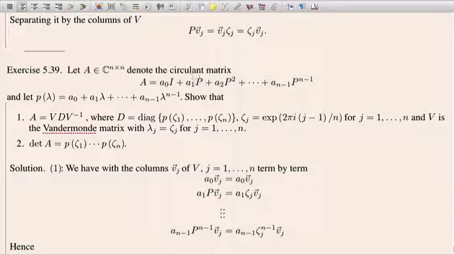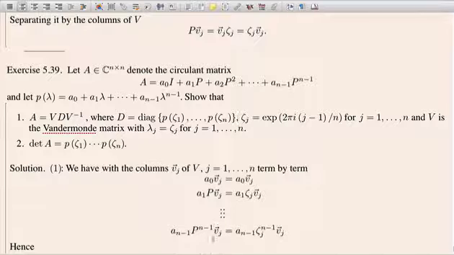But then the second term, a1 P times vj: we have that the eigenvalues of P are zeta j. So that means that P vj is zeta j vj. That's from the previous exercise. And a1 is just there. And so on. The last term is a n minus 1 P to the n minus 1 multiplied with the vj column vector.